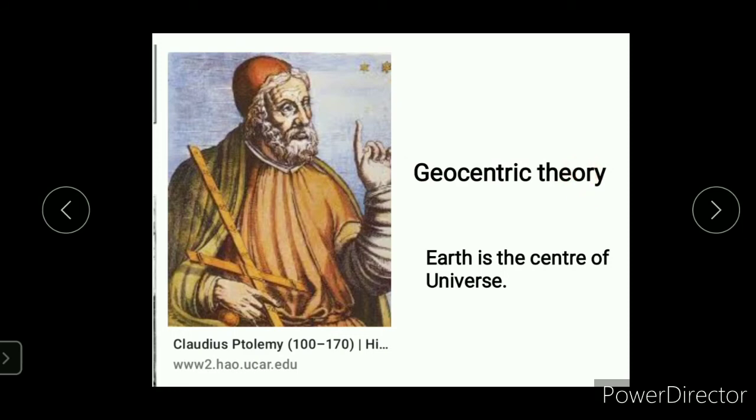Geocentric theory. According to Ptolemy, Earth is the center of the universe. My dear students, it is a wrong theory. But when he said this theory at that time, no one knew which was the correct theory. So Ptolemy proposed the geocentric theory.